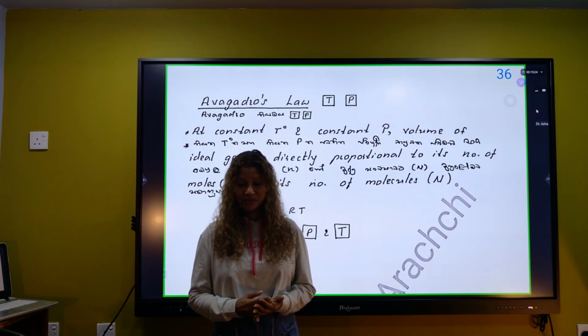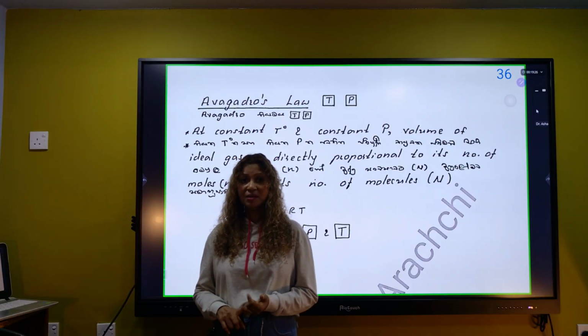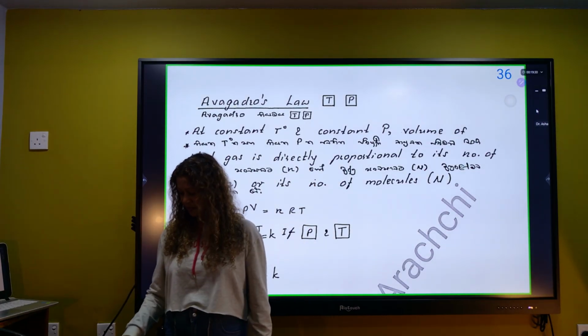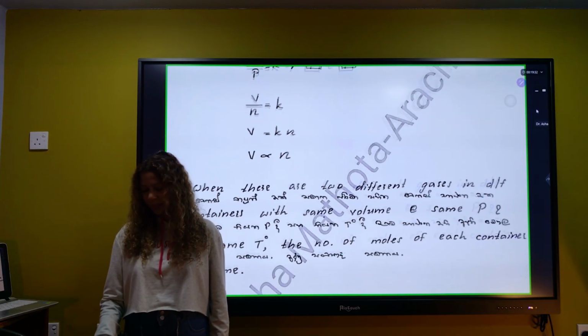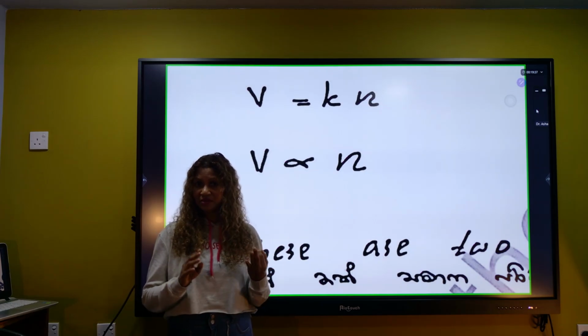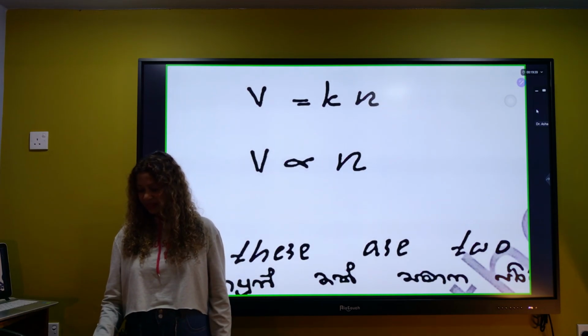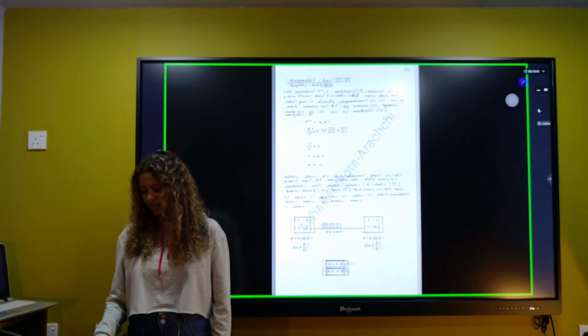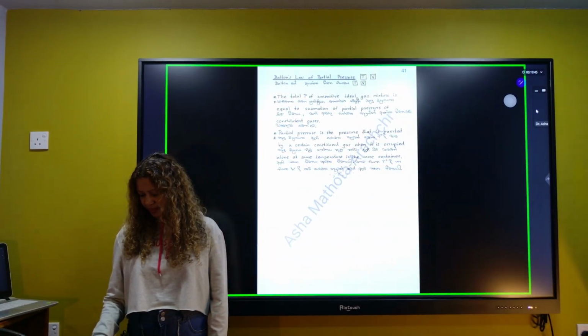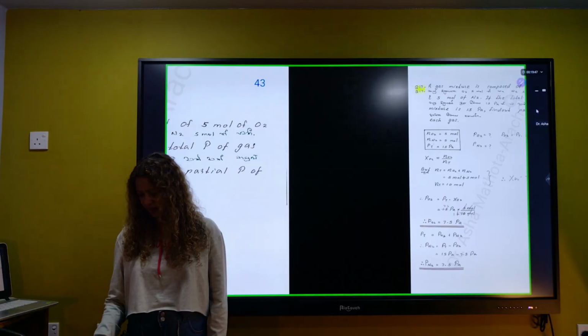In Avogadro's law, both pressure and temperature are constant. When pressure and temperature are constant, volume is proportional to the number of moles. If pressure, temperature and volume are all constant, the number of moles is exactly the same. And we did calculations to understand all those principles. Lots of calculations we went through.